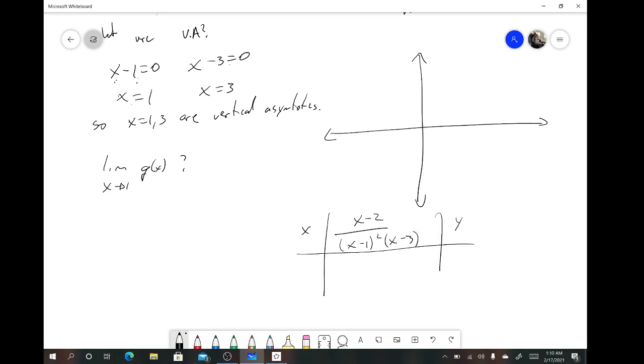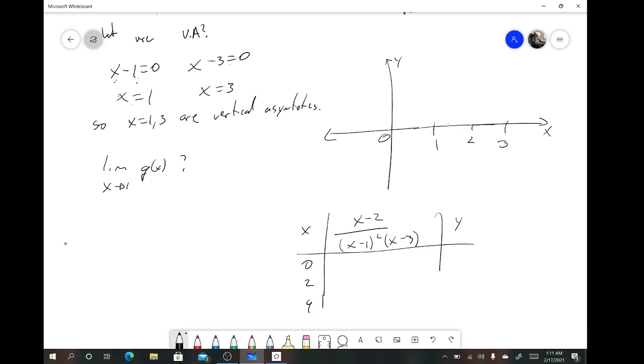We already have the vertical asymptotes, one at x equals 1 and one at x equals 3. So I'm going to figure out what we are looking for when we have 0, 2, and 4.